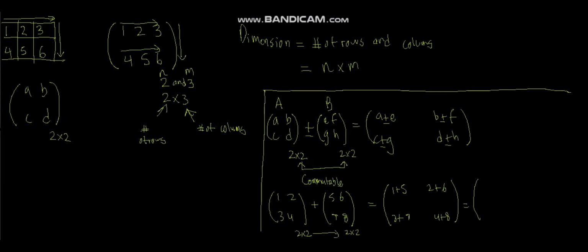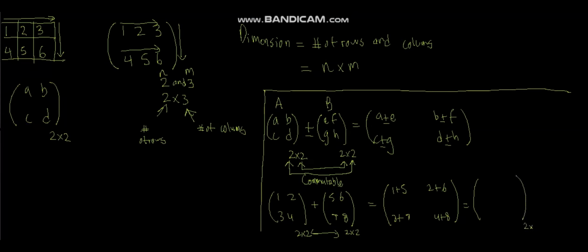Yes, they are. Now, once we have established commutability, the highlighted numbers give you the dimensions of the resultant matrix, which is the number of rows of the first matrix by the number of columns of the second matrix.